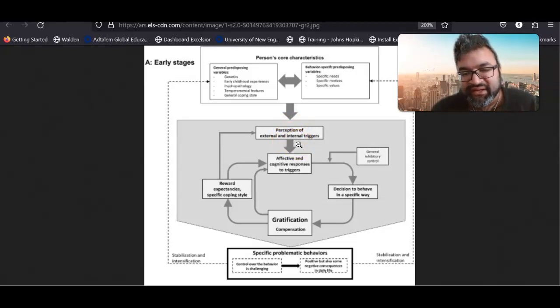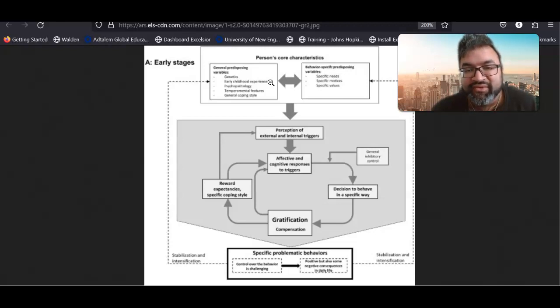And then taking a look at some of these person's core characteristics. Genetic, of course, is early childhood experience. Of course, that is as well. Psychopathology, temperamental features, general coping style. These are all in general predisposing factors.